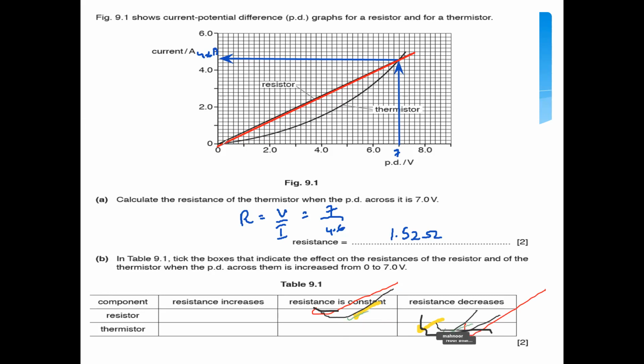But what happened for a filament? As we know, the slope is the reciprocal of the resistance. As the slope starts to increase, it means the resistance is decreasing. So that's right. The last column we will take for the thermistor, and for the resistor, it was a constant one.